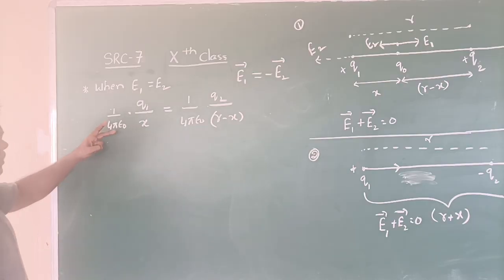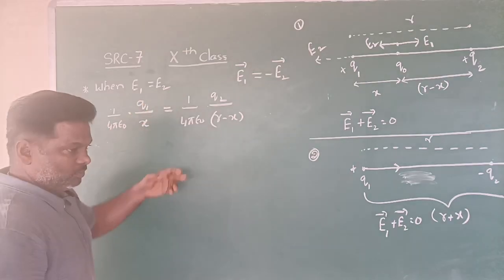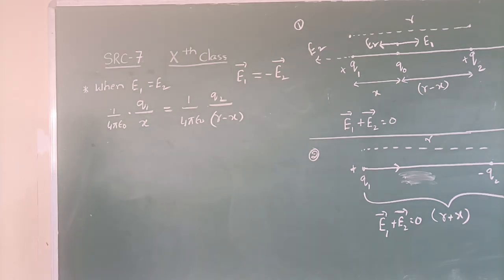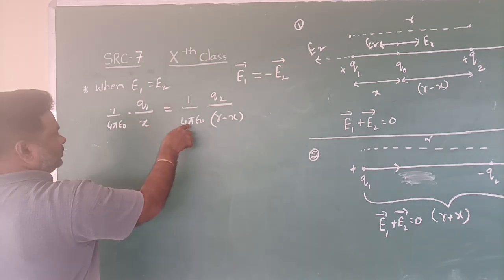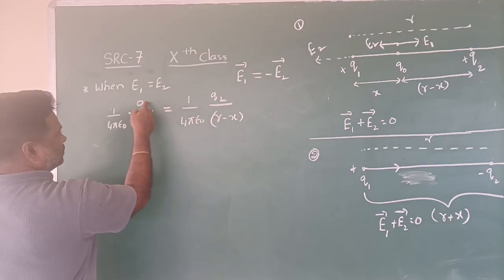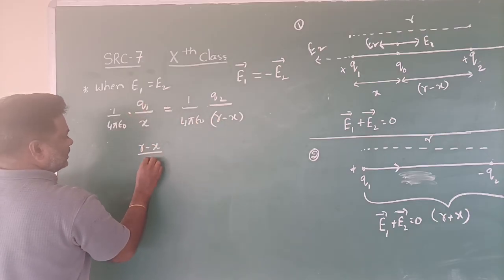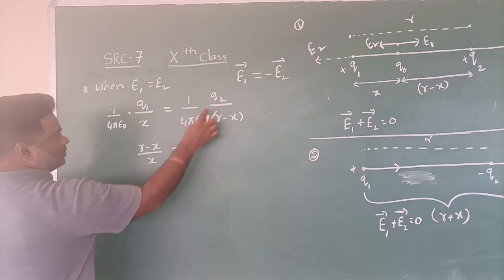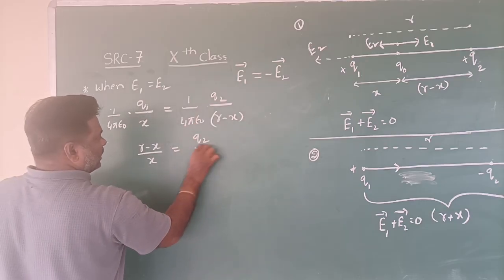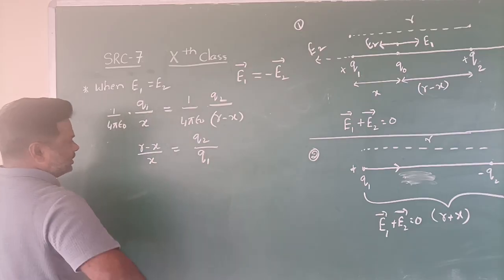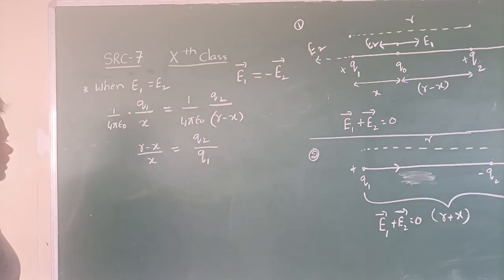So 1 by 4 pi epsilon naught, both will get cancelled. Then bring this r minus x into the numerator: r minus x by x is equal to Q2 divided by Q1. Just interchange this one, a simple mathematical transformation.